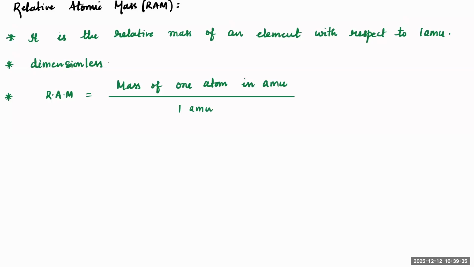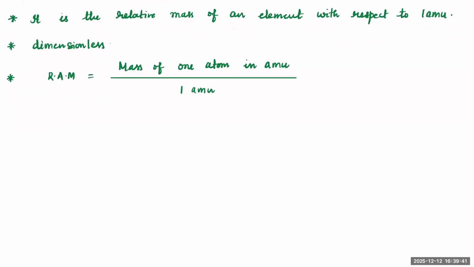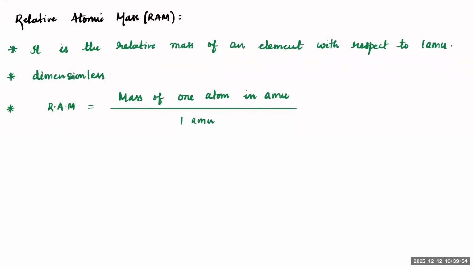Okay. So in short, if I want to calculate the mass of one atom, I can simply multiply this with RAM into 1 AMU value. This is called relative atomic mass.